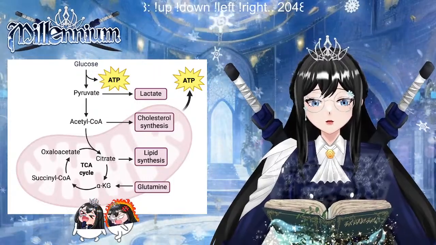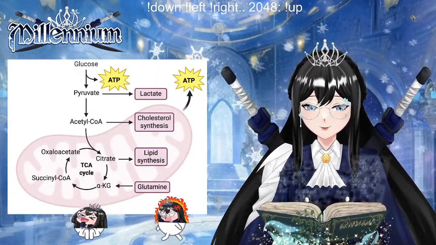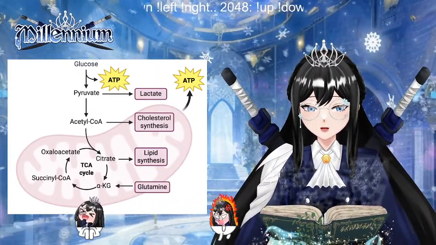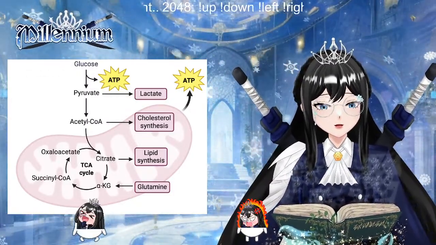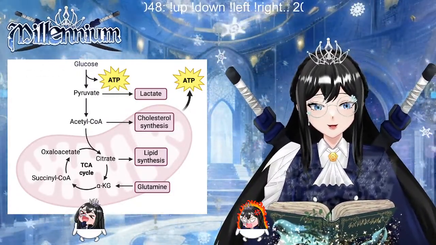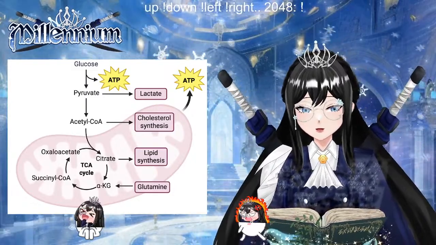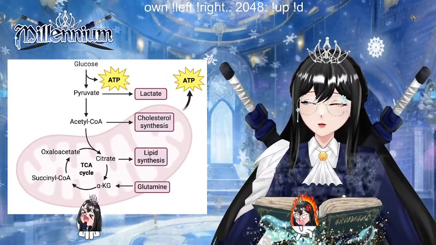How would I detect coupling between ATP hydrolysis and glucose phosphorylation in vitro? Good question.